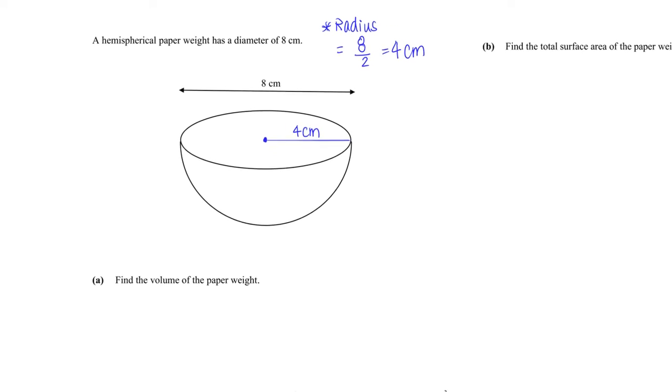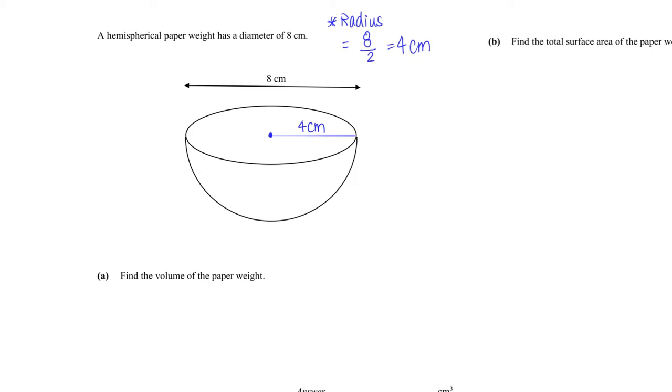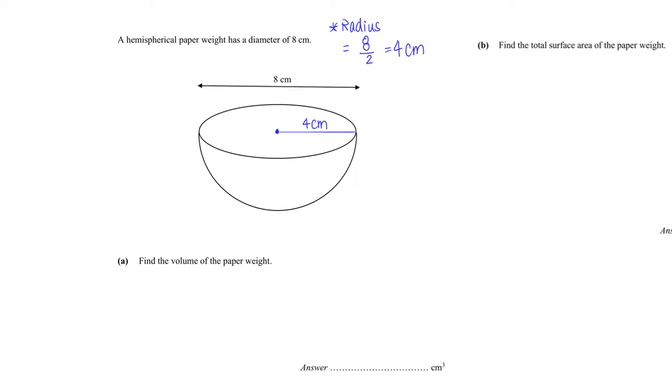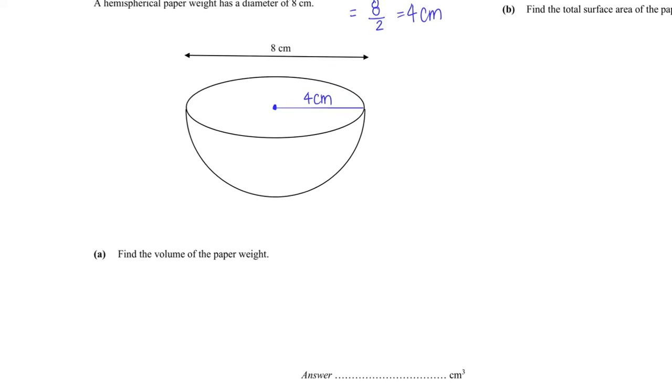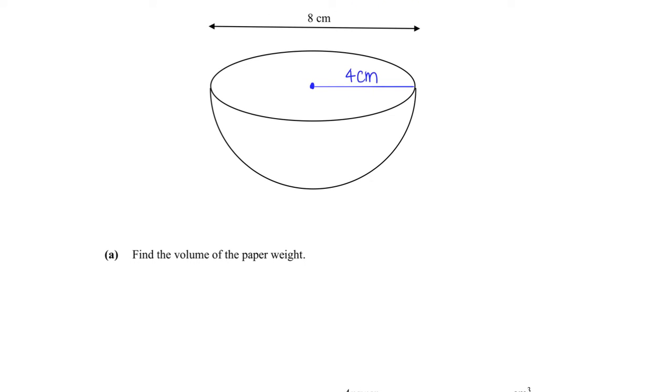And once I have that, find the volume of this paper weight. Then the volume would be, this is half of a sphere, right? And we are given the radius 4 cm, which we have found out.